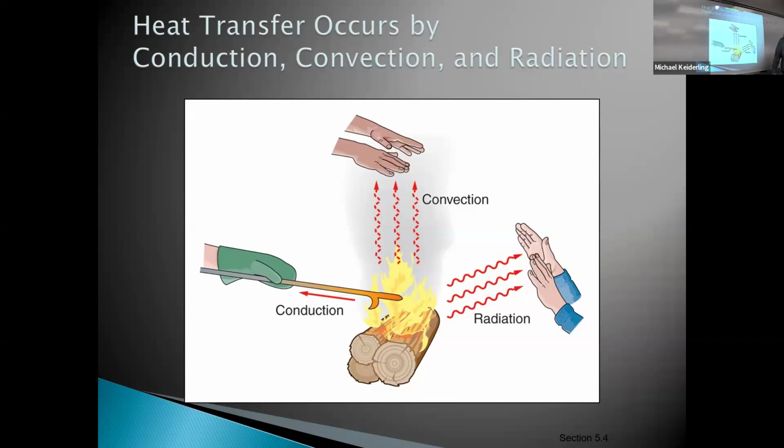Convection involves the movement of a fluid. So here you can think of this rising warm material underneath, that's convection. Or in the boiling water here, you can see there's hot water rising up to the surface. That's also a convection process.